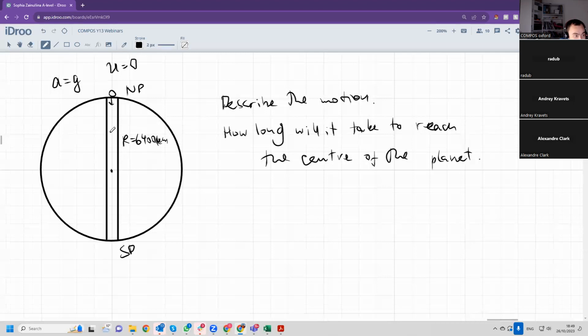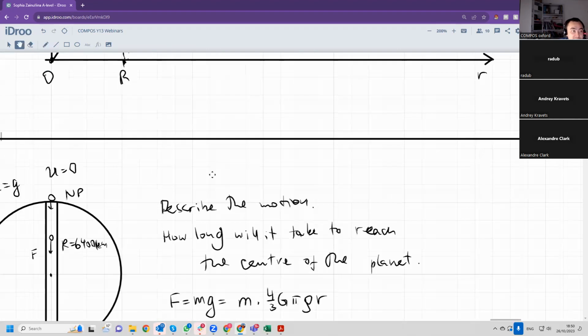And if you draw a force diagram, so let's say you are here, there's only the force of gravity, which is equal to mg. When you are inside the planet, it is the mass of the rock multiplied by g, which is 4/3 G pi rho r. Have I made a mistake?